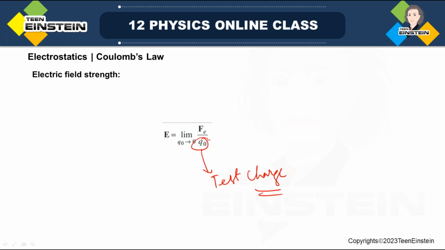In this case, there are a few points to remember. Q0 must be infinitesimally small, very, very small.